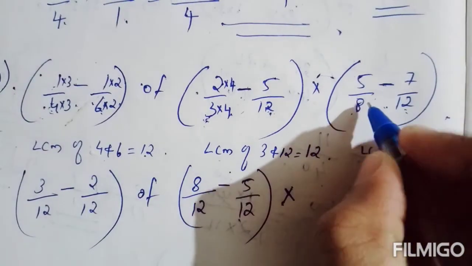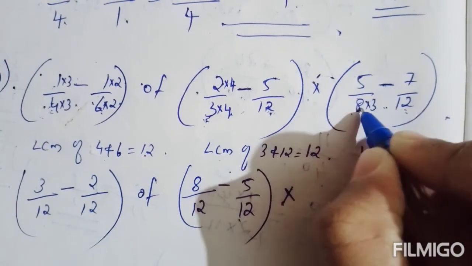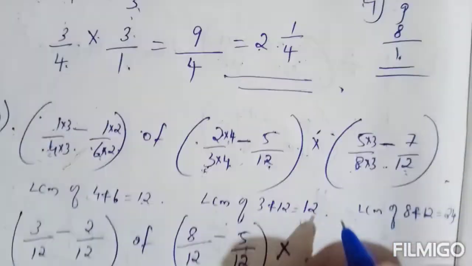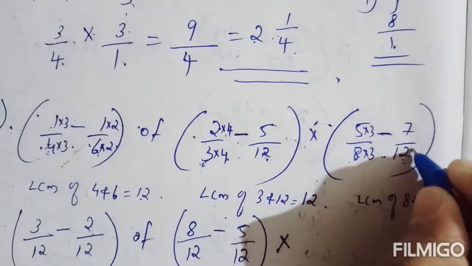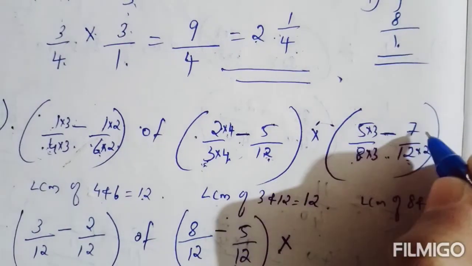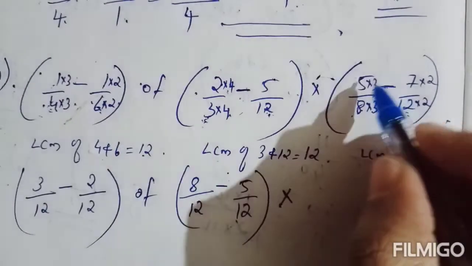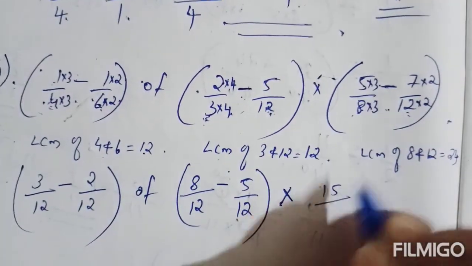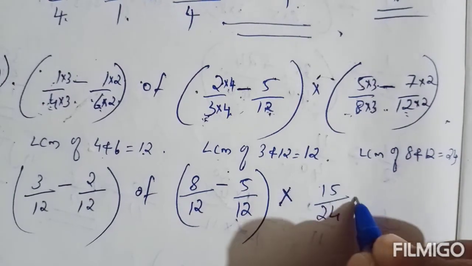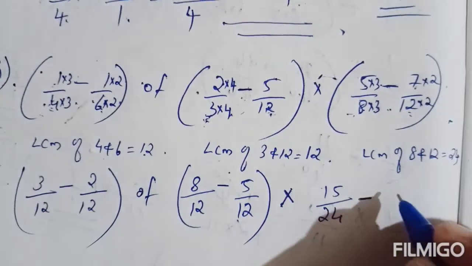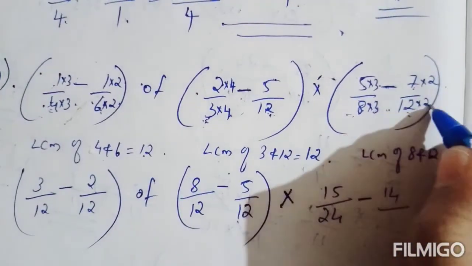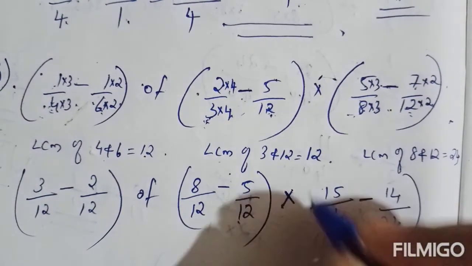So 8 into 3, 24. 5 you have to multiply by 3. 12 into 2, 24. So 7 you have to multiply by 2. So 5 into 3, 15 by 8 into 3, 24 minus 7 into 2, 14 by 12 into 2, 24. This is the third bracket.